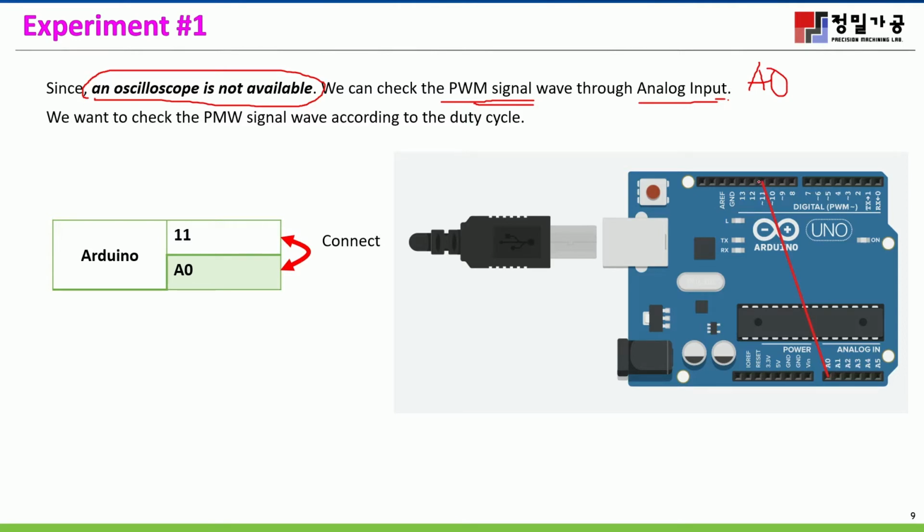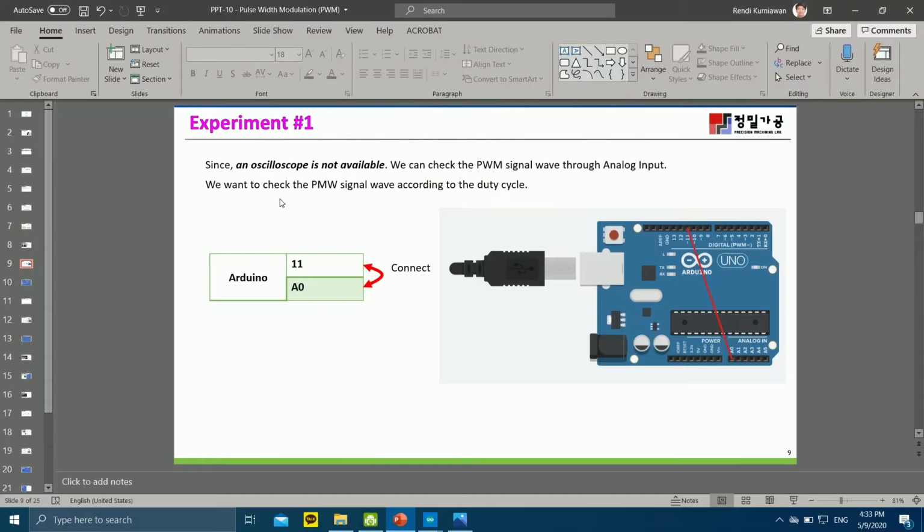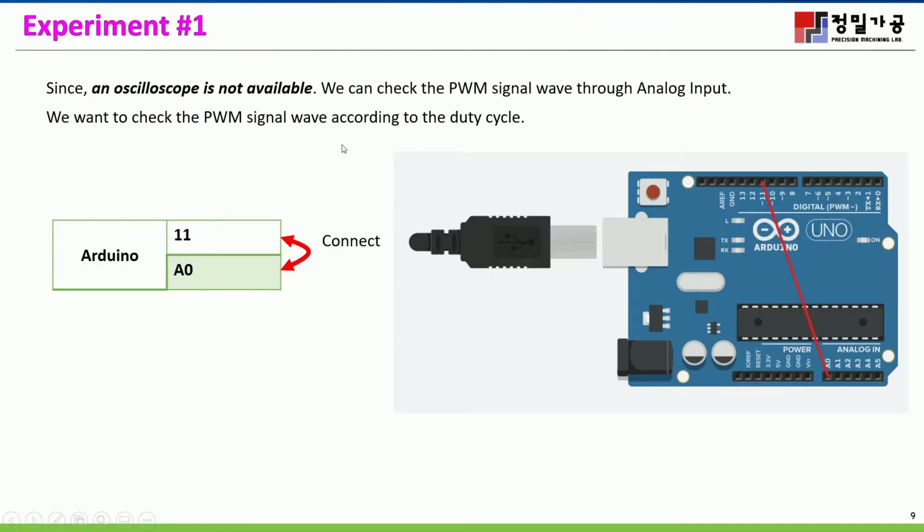We just connect it to check the pulse width modulation signal according to the duty cycle.